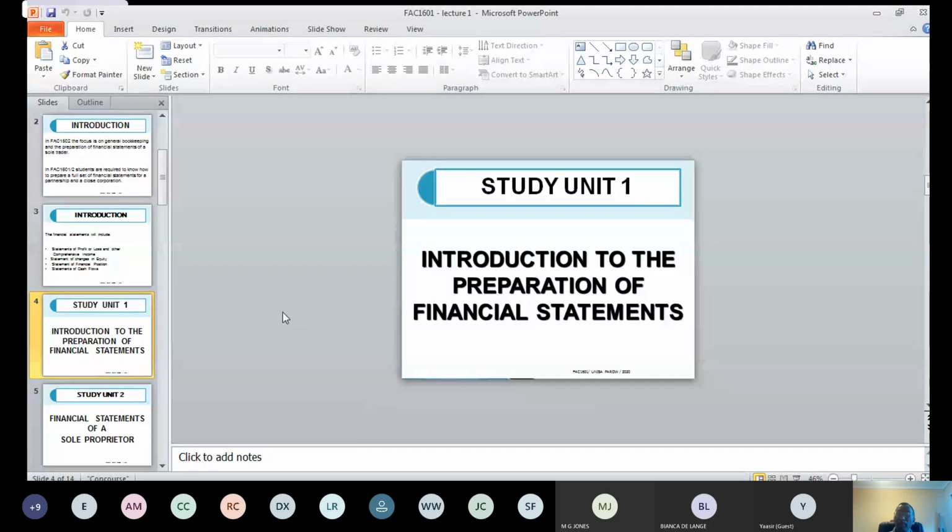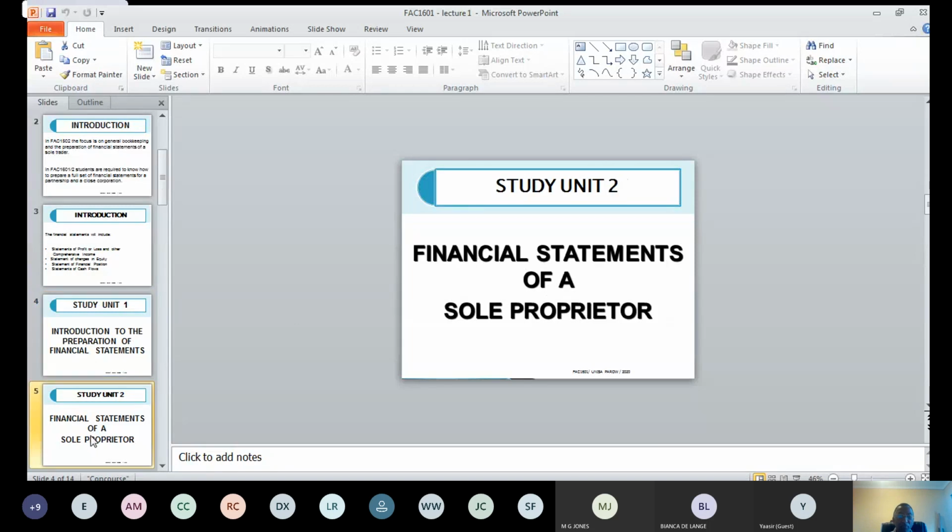So in that 12-month period, we want to know what is the profit or the loss that the business has made. And that is, of course, portrayed in your statement of profit and loss and other comprehensive income. And we also want to know at the end of the financial year what our assets are worth, what all our equity is, what all our liabilities are, and that is portrayed in your statement of financial position.